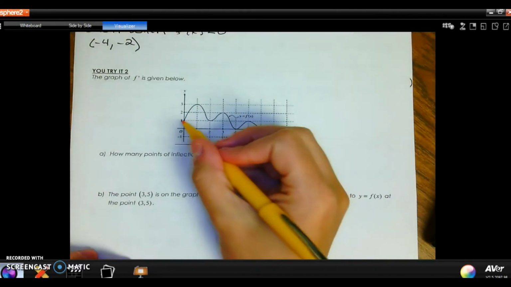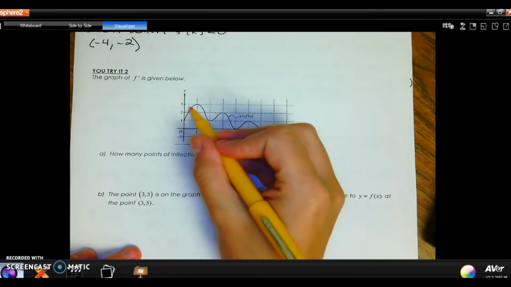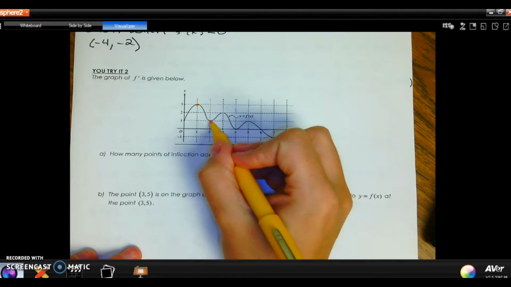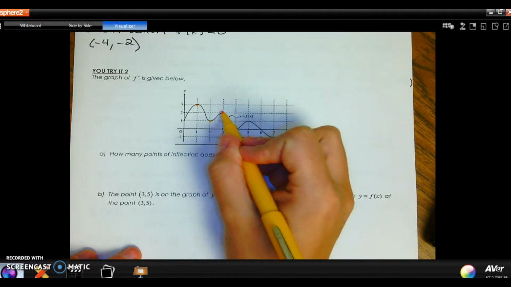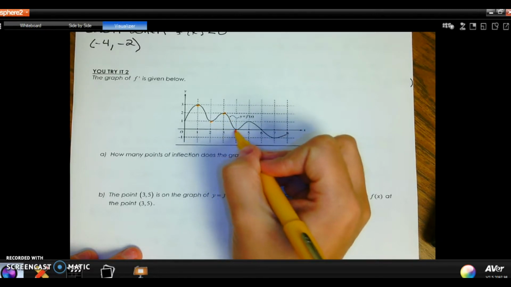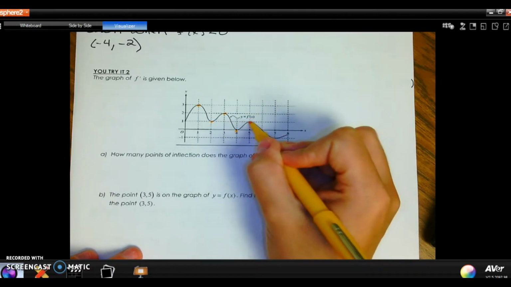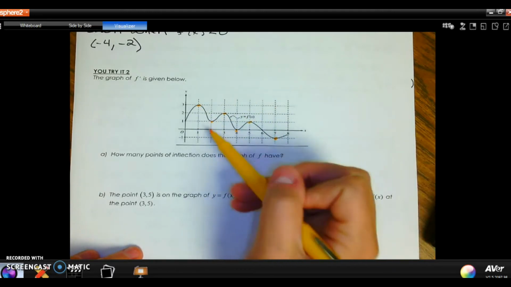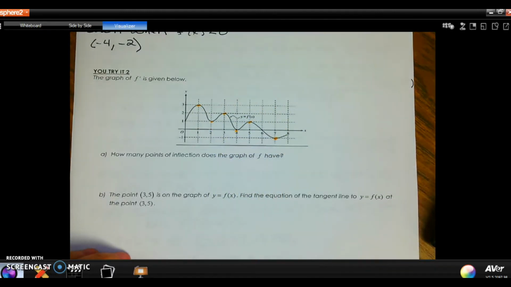So here I have positive slopes, then I start getting a negative slope, then a positive slope, then a negative slope, positive slope, negative. Those peaks and valleys are going to be pretty important.